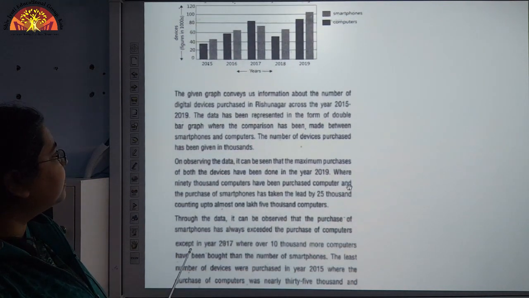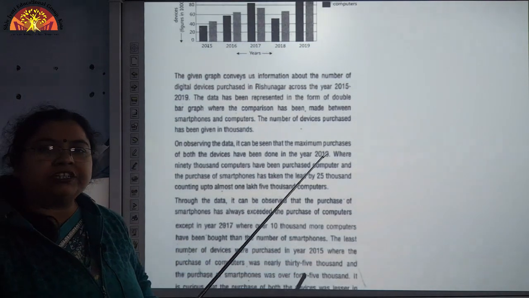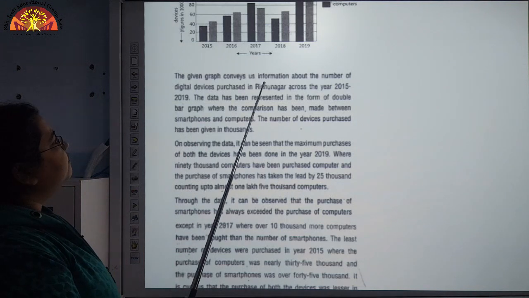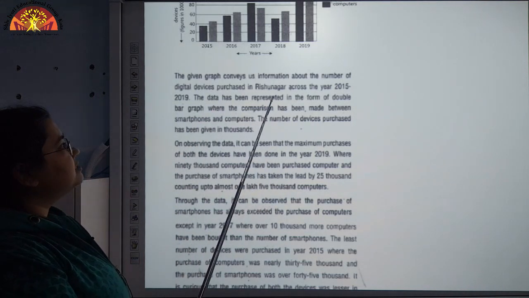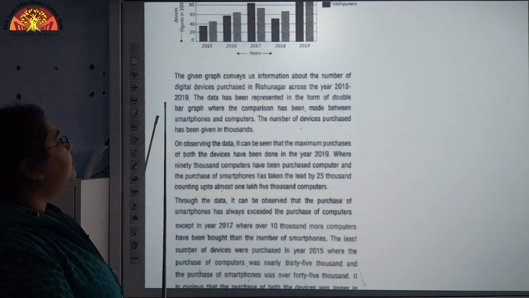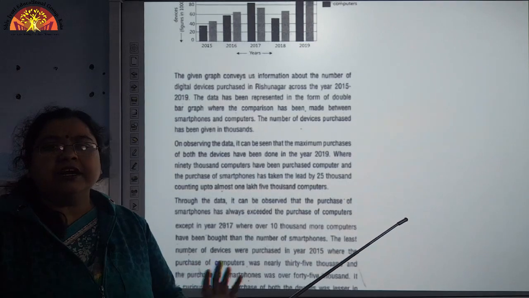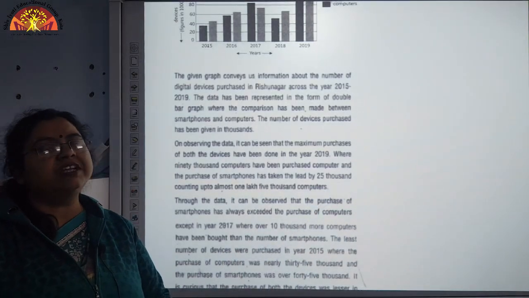So, first the introductory line: the given graph conveys information about the number of digital devices purchased in Rishunagar across the years 2015-2019. So, this is the description of what that particular graph is all about.